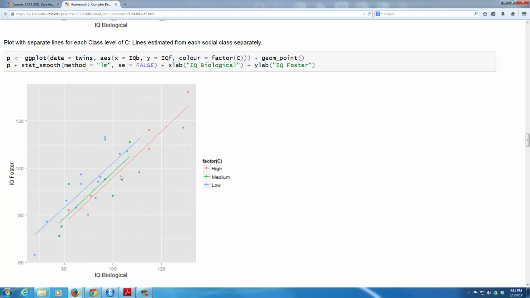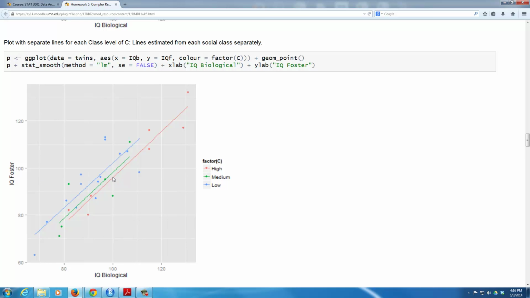And that effect is reversed for high social class. The foster twin does not do as well for a given biological IQ. Staying in the home, or in this case the foster child getting out of the home, has a reduction. So if you think about an IQ for a biologically raised twin of 100 in a high social class home, the foster twin pair has about a 95 IQ, where the biologically raised twin has about 100.